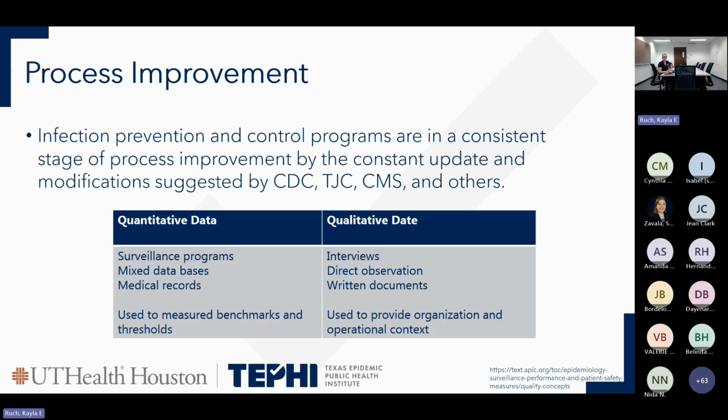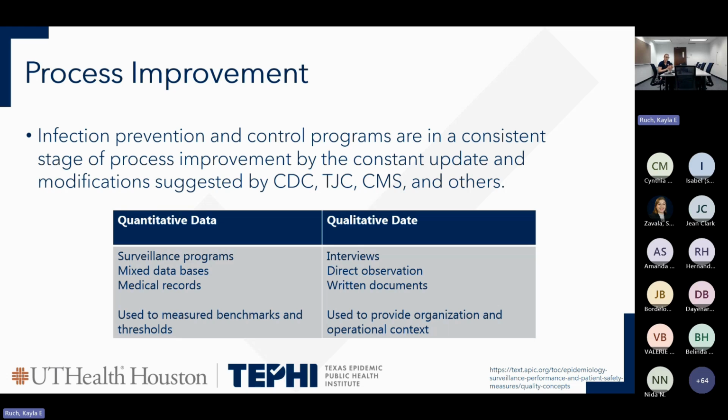And as we've mentioned, infection prevention and control programs are in a constant state of process improvement by looking, evaluating, collecting data, having surveillance data, looking at current recommendations, regulations by all our bodies that we look at, CDC, CMS, and others. And usually with our process improvement, there's two different ways that we can start understanding the problem, because if you don't understand the problem, you will not know how to efficiently, effectively address it and improve it.